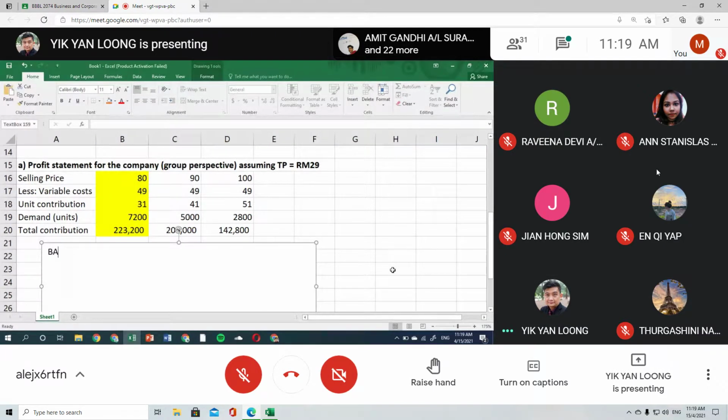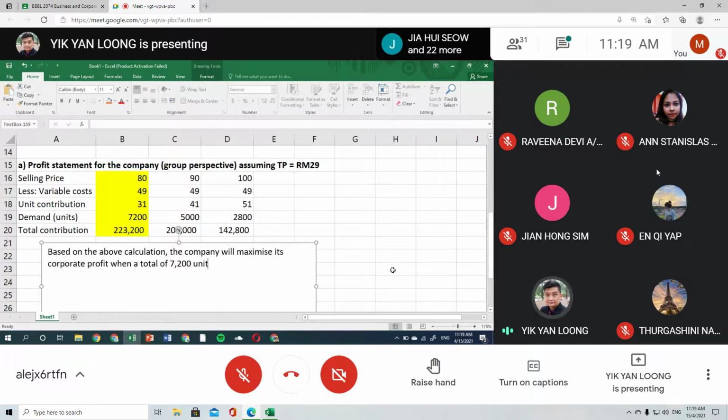Based on the above calculation, the company will maximize its corporate profit and a total of 7,200 units of the final product is produced to earn the highest possible contribution at 223,200.